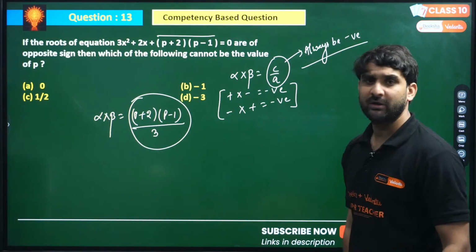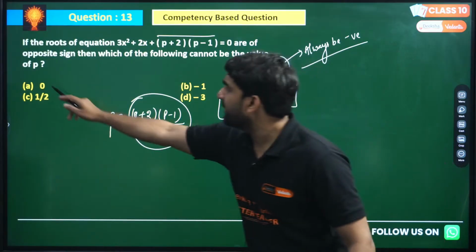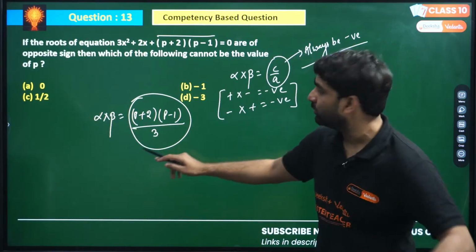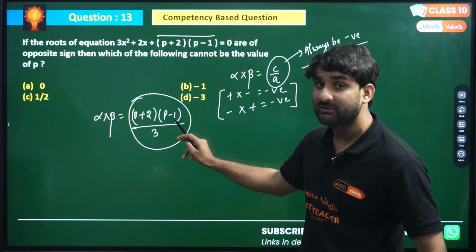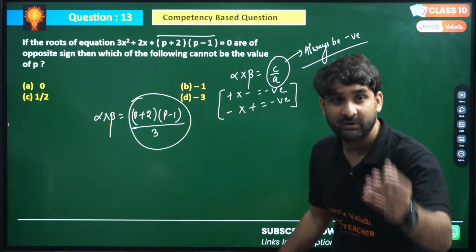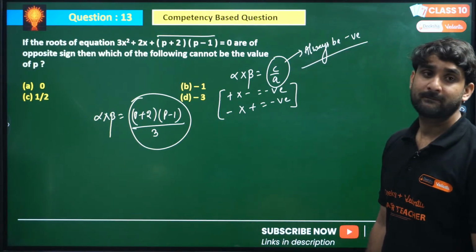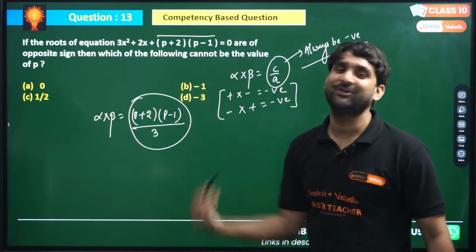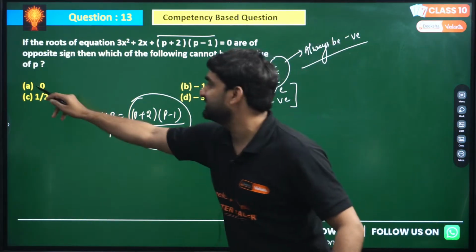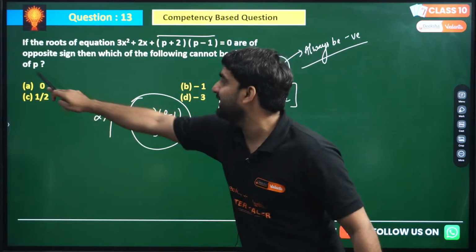How can it be negative? Listen, if I assume p is 0, 0 plus 2 will be 2 and 0 minus 1 is minus 1, so 2 into minus 1, negative is coming. So this option is correct, but we have to find which of the following cannot be the value of p. So this one is validating the condition.